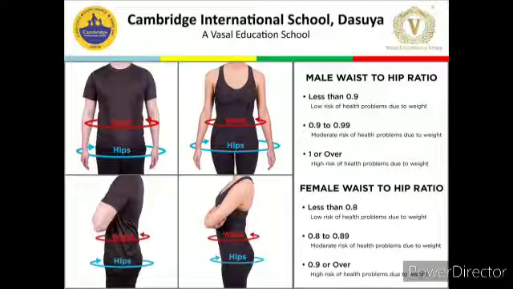Even I can say research also shows that people with apple shaped body, with more weight around the waist, face more health risk than those with the pear shaped body. They carry more weight around their hips. This is research of WHO, we can say.